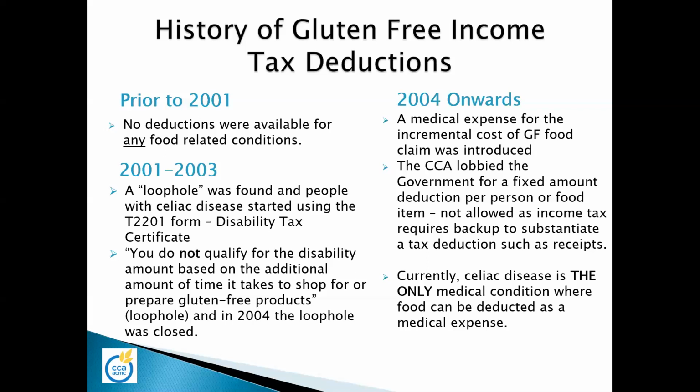But can we set what the incremental expense is that they can then use to calculate, so they don't have to go do all these comparisons? And after some discussions, the Revenue Canada decided that no, they're going to continue to require people with celiac disease to have to fill out the incremental cost spreadsheet for their food calculation.